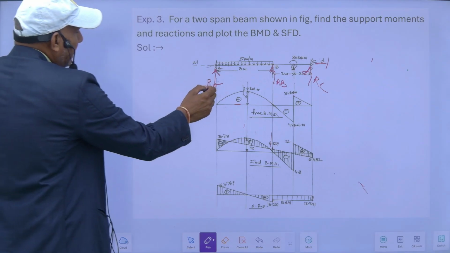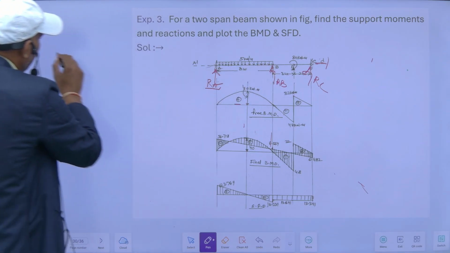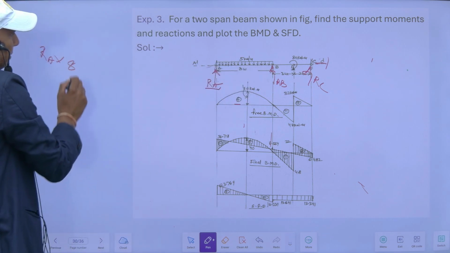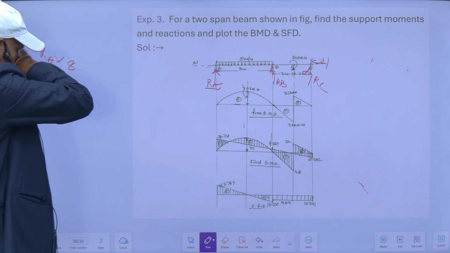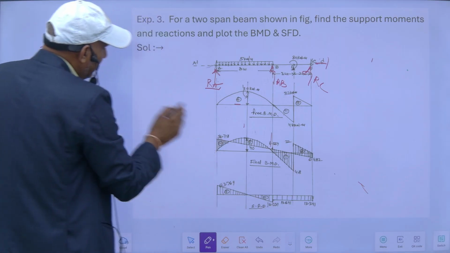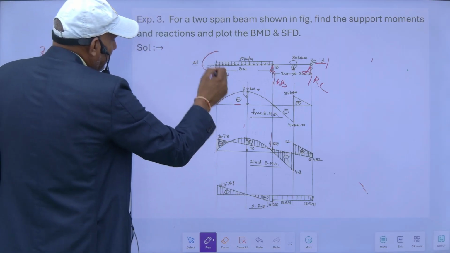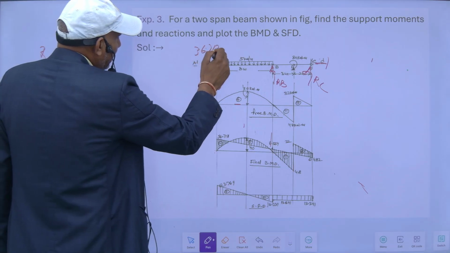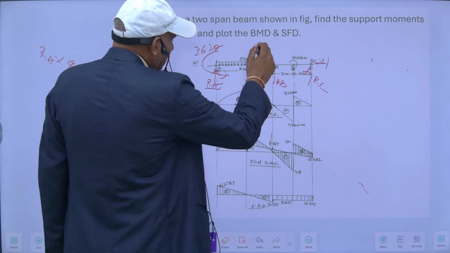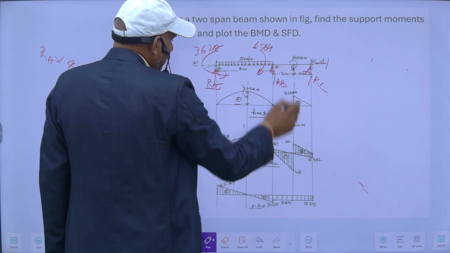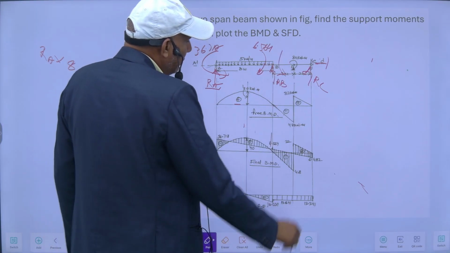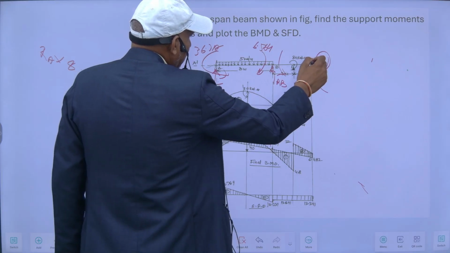For finding RA, I will take moment about B. So RA into this length, and moment at this is minus 36.78, and this moment is 6.564. This is hogging, and moment here is sagging.